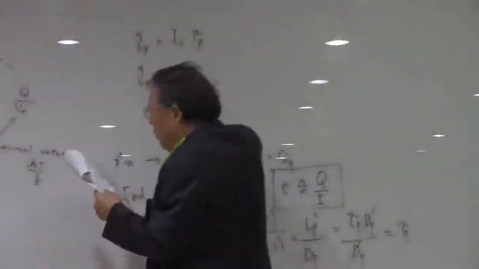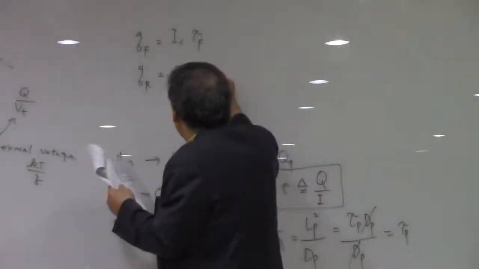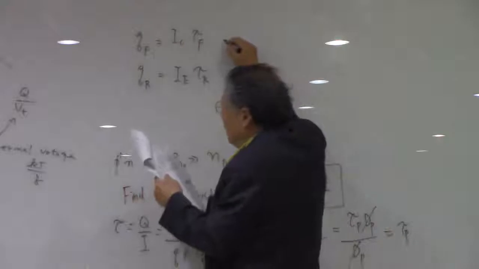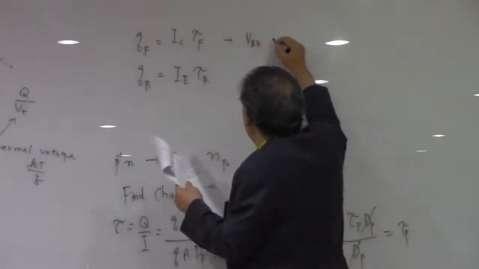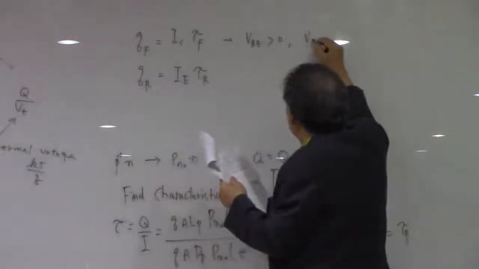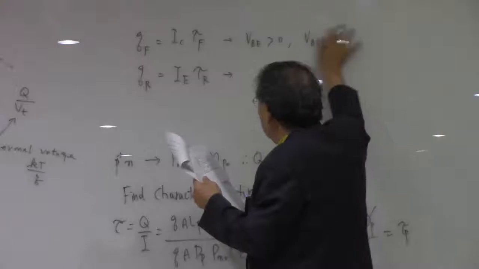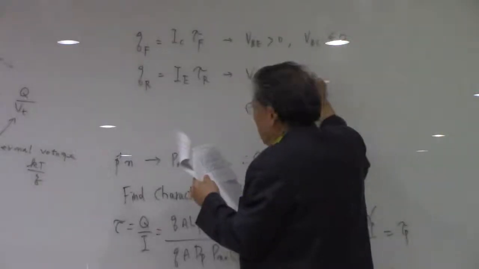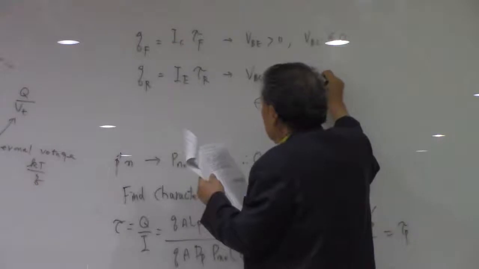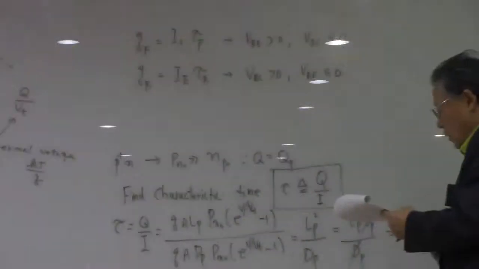And then QR is going to be the emitter current and tau R. And this is VBE forward bias, and VBC is reverse bias or zero, or VBE is negatively charged.